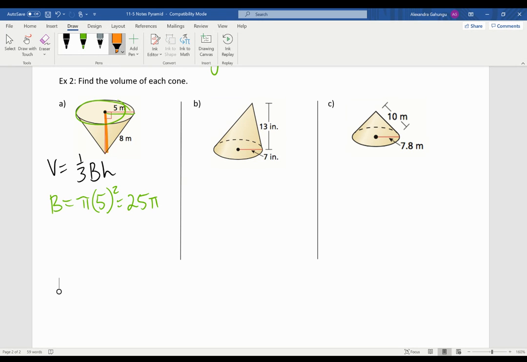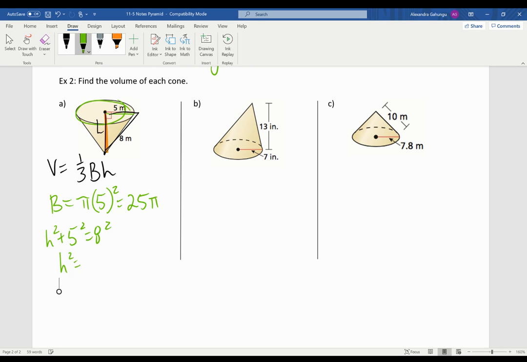Unfortunately, we do not have that height. It's unknown. But we are working in a right triangle, so we can figure out that height by using the Pythagorean theorem. We've got h squared plus 5 squared equals 8 squared. So I'm going to go ahead and do 8 squared minus 5 squared.